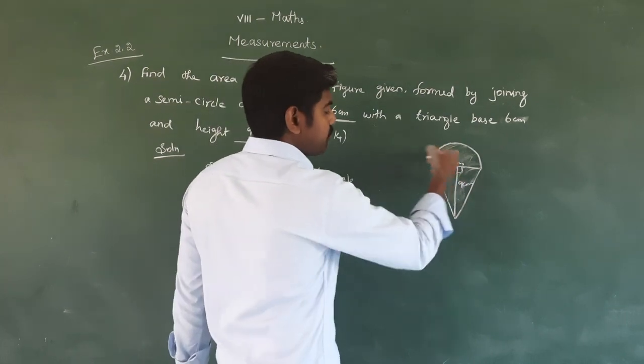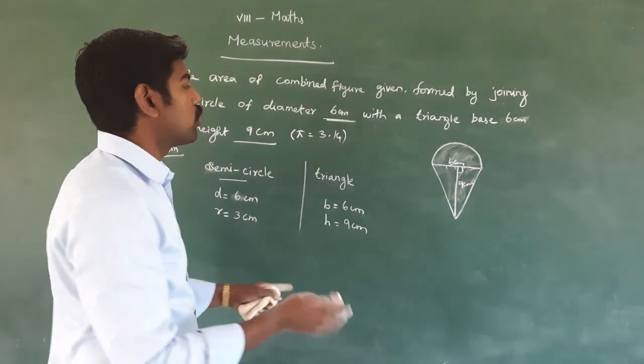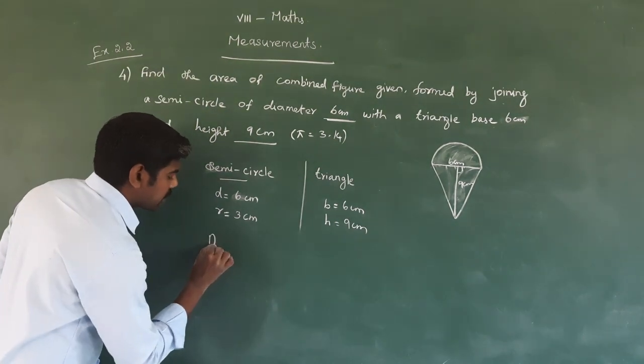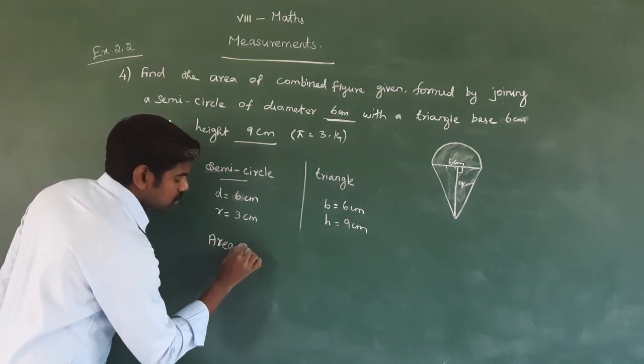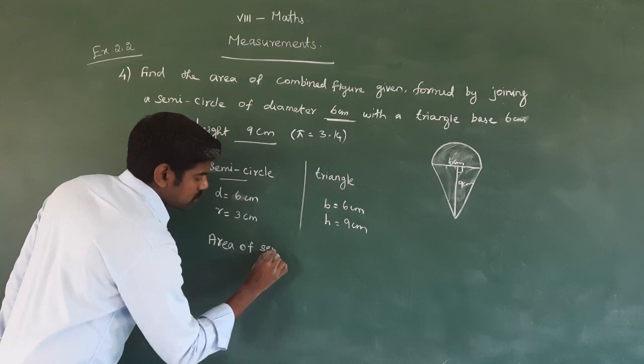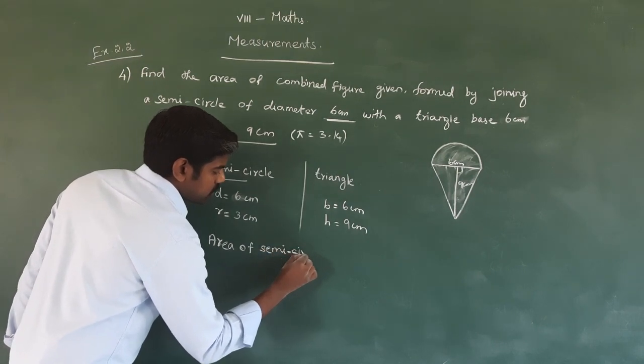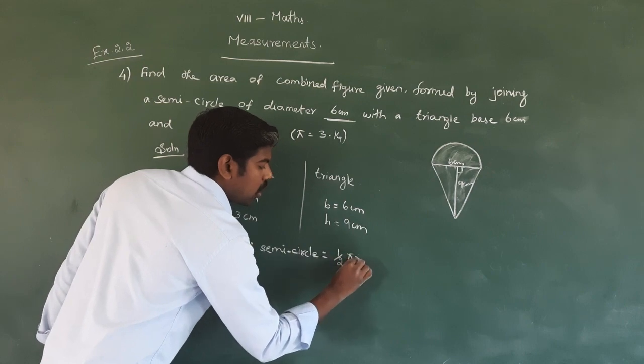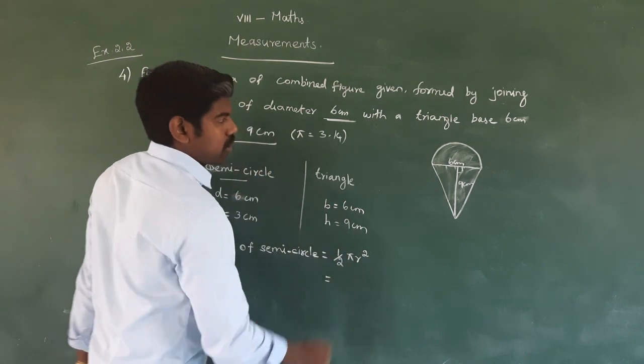Next, find the area of both the semicircle and the triangle. The area of a semicircle formula is 1 by 2 pi r square.